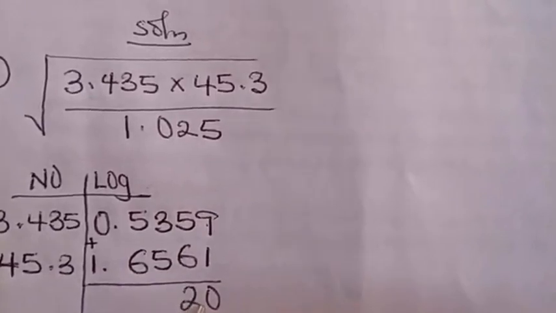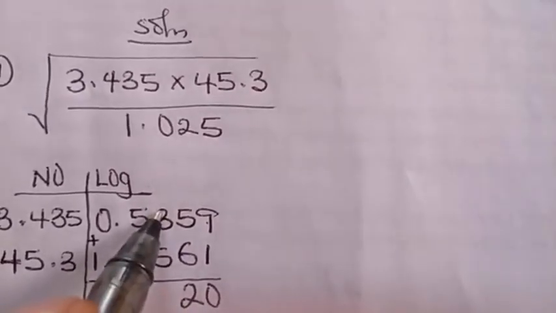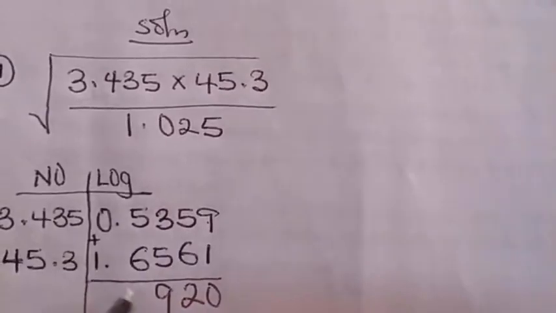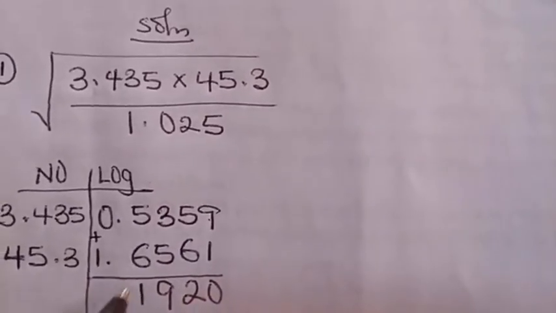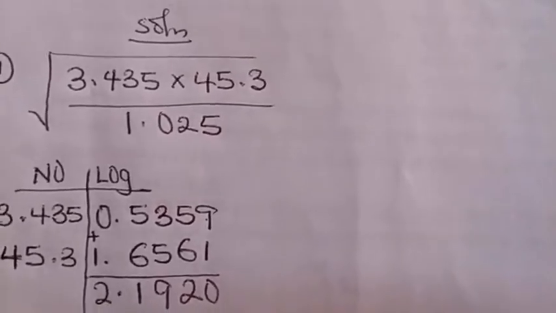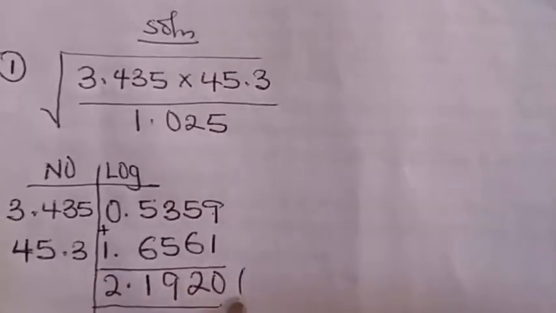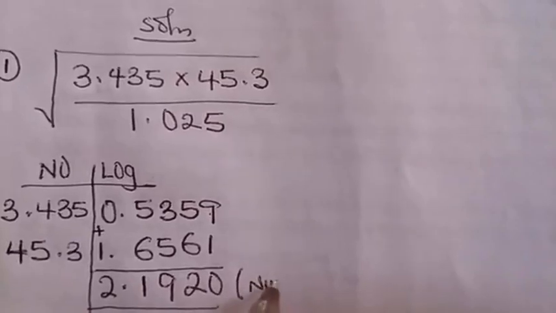So we are writing 2. We take 1 to this side. 1 plus 3 is 4. 4 plus 5, we have 9. 5 plus 6 is 11. So we write 1 and take 1 over to this side. And finally here is 2.1920. This, we label it as our numerator.